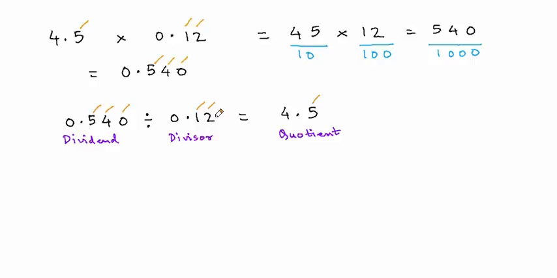So if a divisor has got no digit after the decimal point, meaning it's an integer divisor, the number of digits after the decimal point becomes 0 on this, and then whatever the number of digits after the decimal point on the dividend is the same number of digits after the decimal point on the quotient.